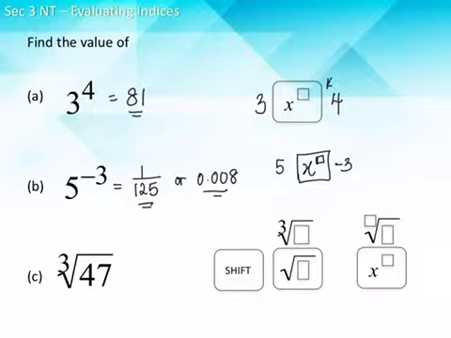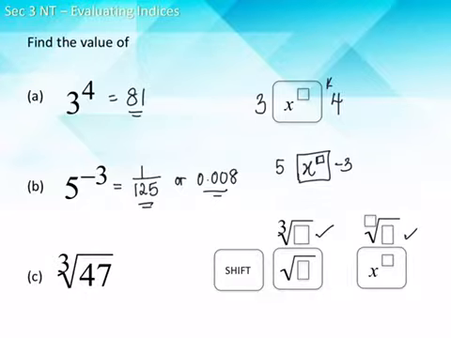Next one, part C, is the cube root of 47. So we need to look out for the following buttons. If you press shift and the square root button, you'll be able to see the cube root button appearing on the calculator. Alternatively, if there are other powers, you can also use the root button over at this side.